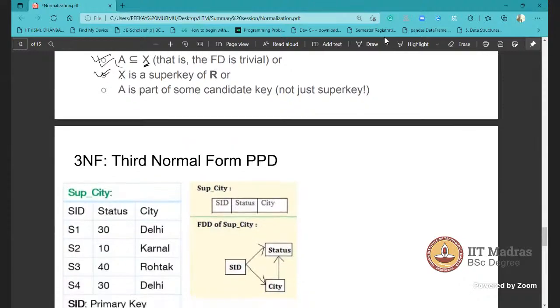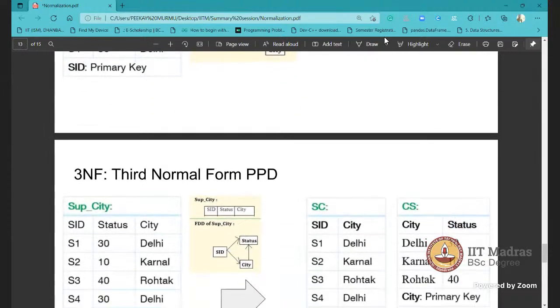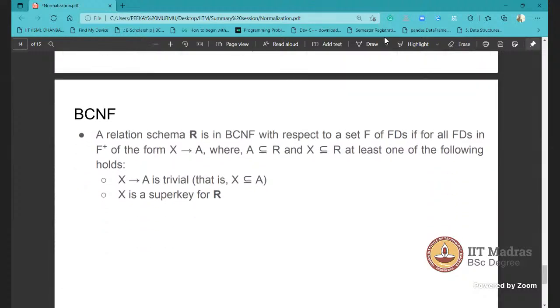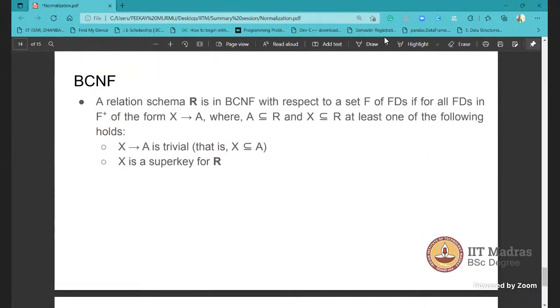So up to third NF is understood, right? So what is BCNF? A relation schema R is in BCNF with respect to a set F of functional dependencies if, for all the functional dependencies in F plus of the form X to A, where A is a subset of R and X is also a subset of R, at least one of the following conditions holds.